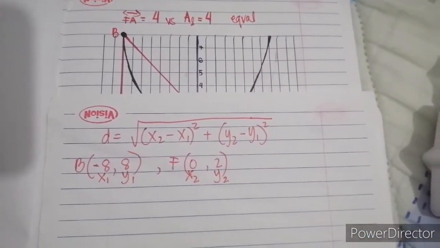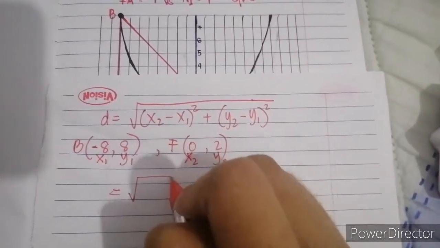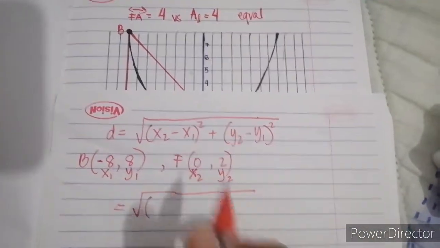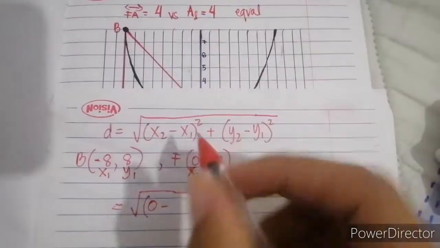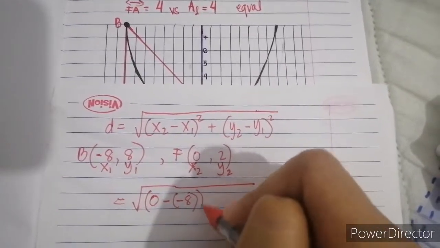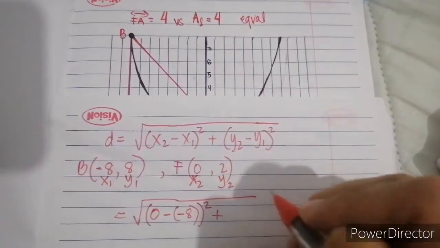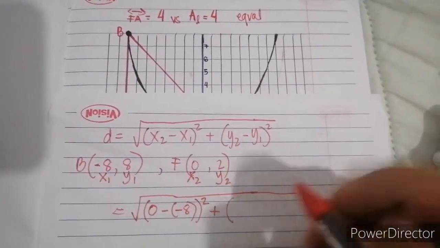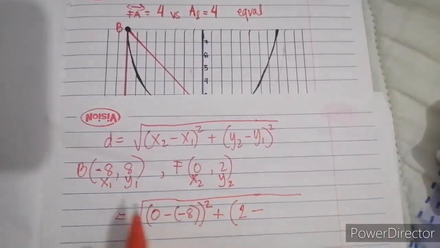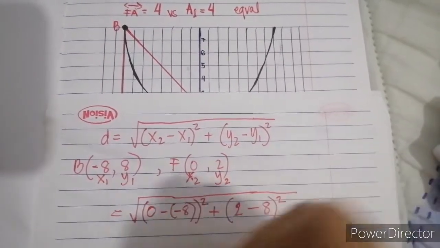Okay, let's try to solve. We have the square root of our x sub 2, which is 0, minus x sub 1, which is -8, then squared, plus our y sub 2, which is 2, minus our y sub 1, which is 8, squared.